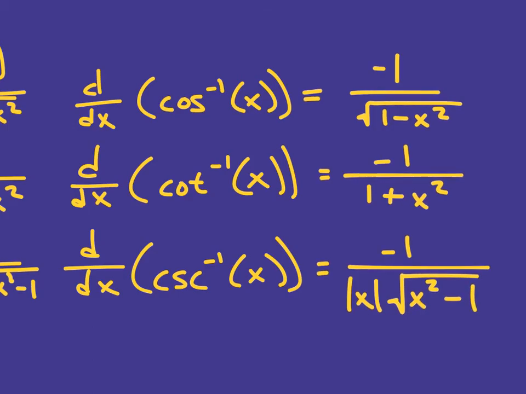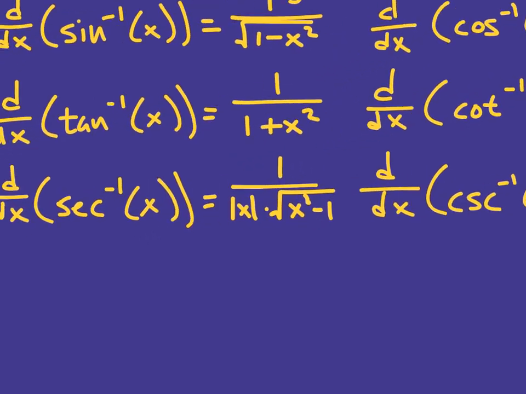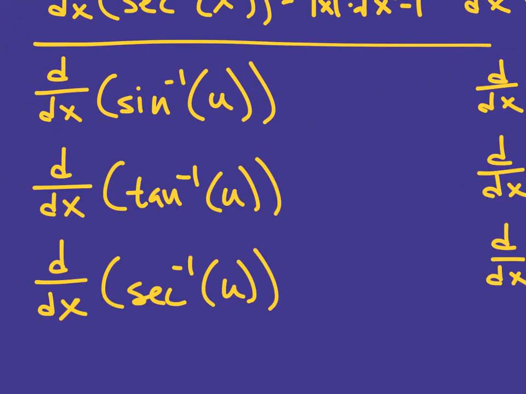Now let's talk about using the chain rule with each of these. On each of these, it's going to be the exact same thing, except I need to multiply by the derivative of my inside function, which is just going to be u prime. So in this case, it's going to be u prime over the square root of 1 minus u squared.